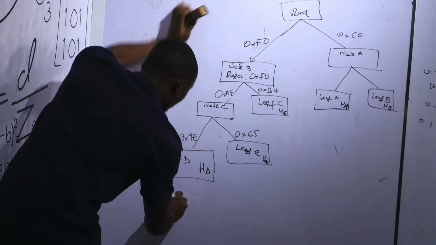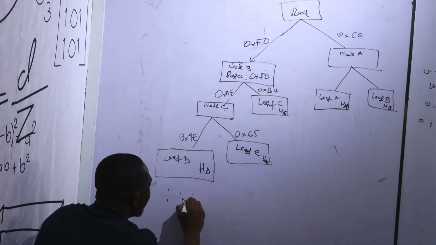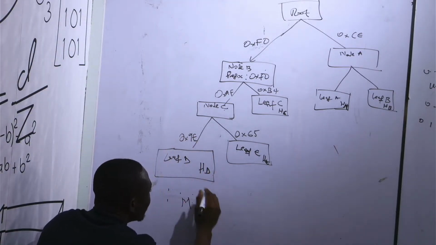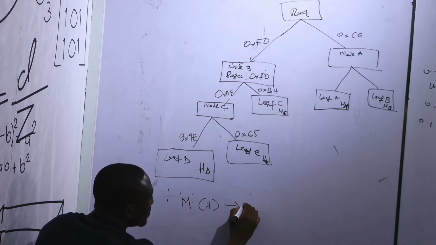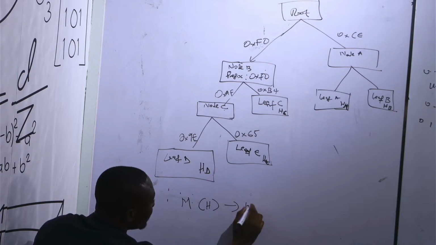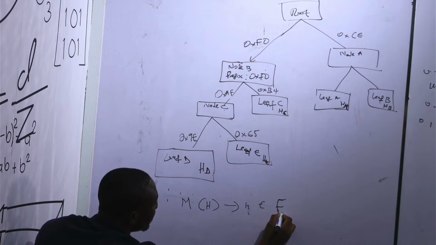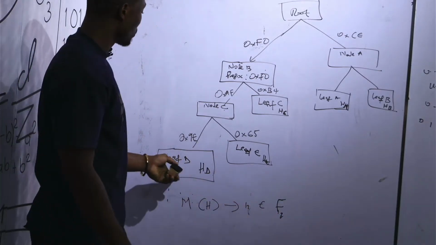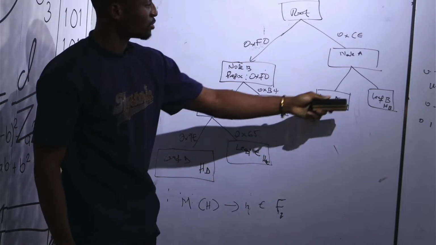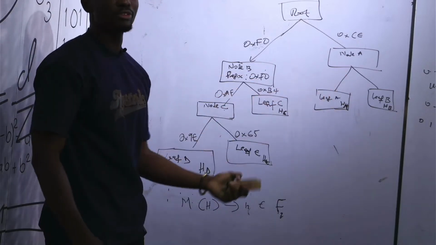Let's say we have a map function that takes a hash and returns a member of the finite field. So we'll convert all these hashes into their finite field form.